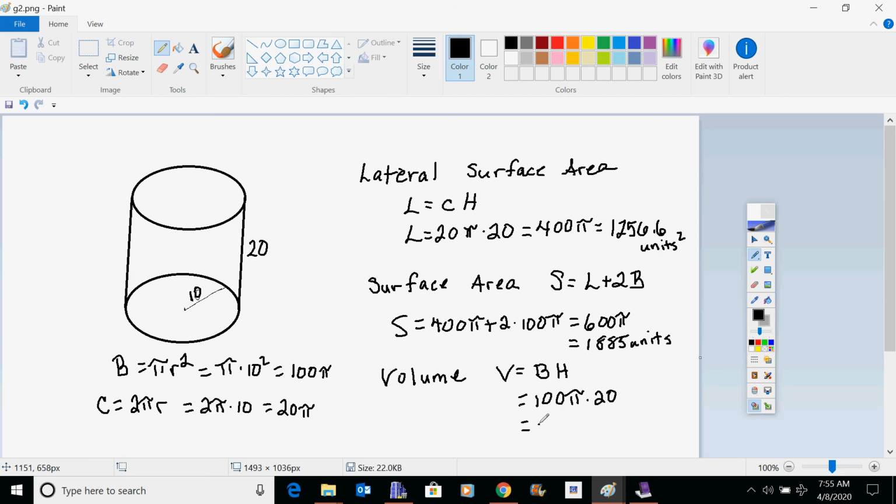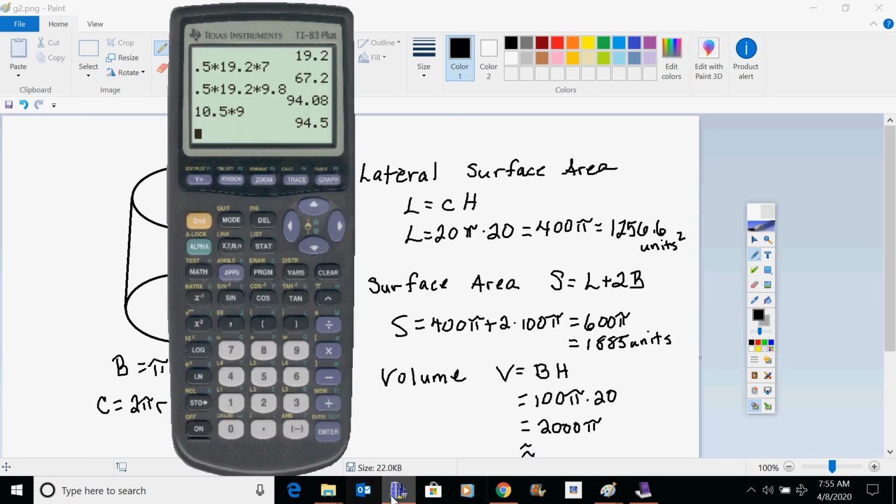So this gives us 2,000 pi, which is approximately equal to, let's see here, 2,000 times pi. I'm guessing 6,200. There we go, 6,283. Because it's really just doubling the 3.14, so 6,283.